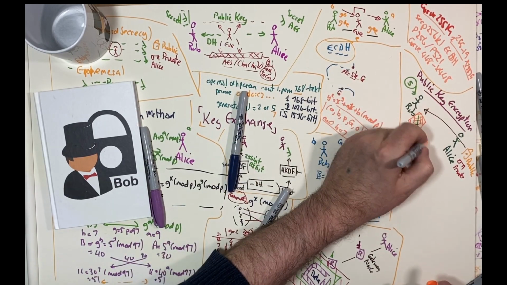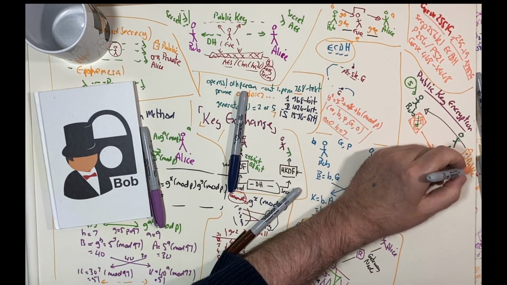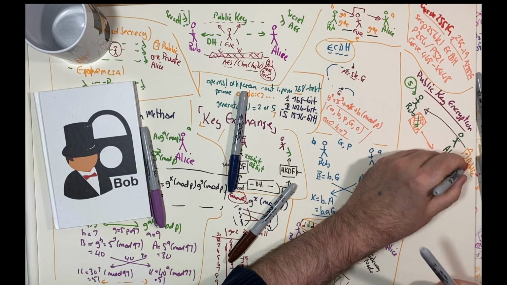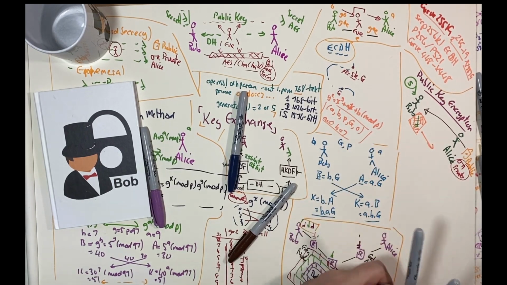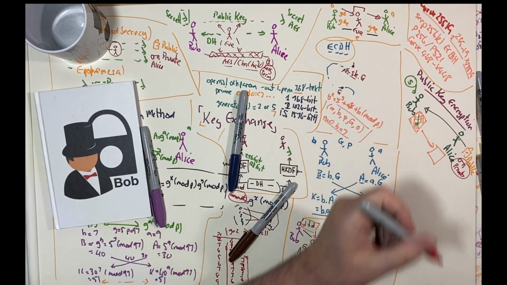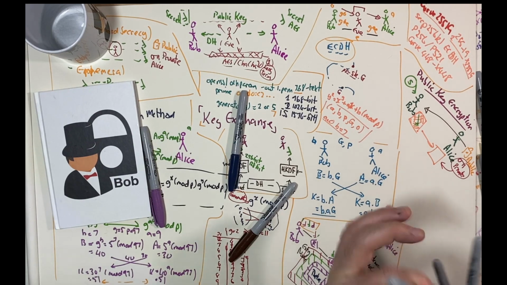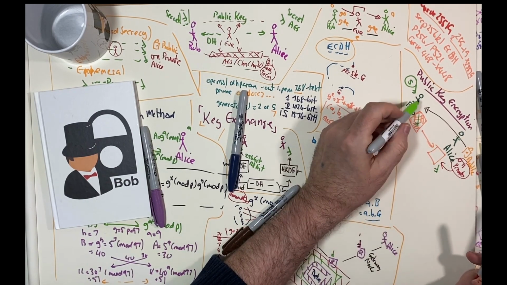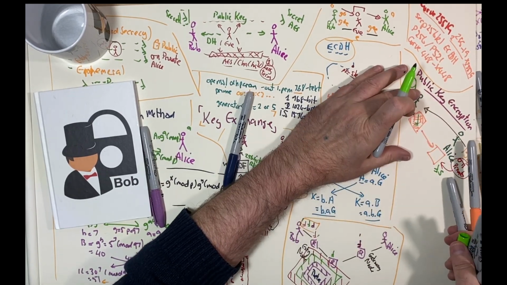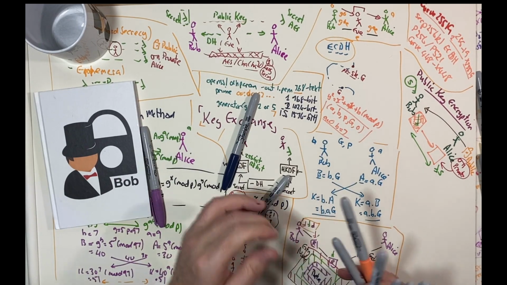Let's send that over, and the only key that can now decrypt that is, guess what? The private key of Alice. So when this is received, we apply the private key, and hopefully what will be revealed is the secret key. They can then create the tunnel between themselves using this shared key.